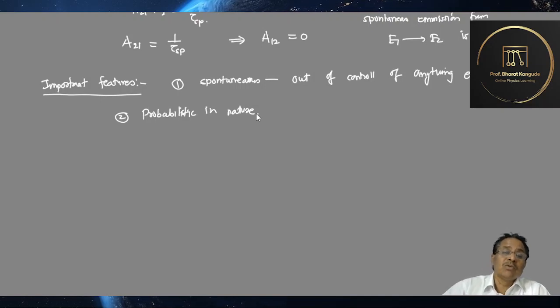So that's why this phenomenon of spontaneous emission is probabilistic in nature. Third important parameter here: the direction of propagation, the initial phase and the plane of polarization of each photon will be random. So that's what it is, a random phenomenon.